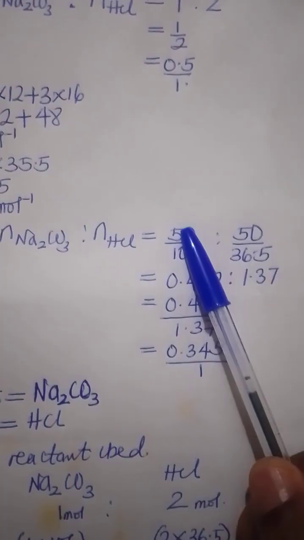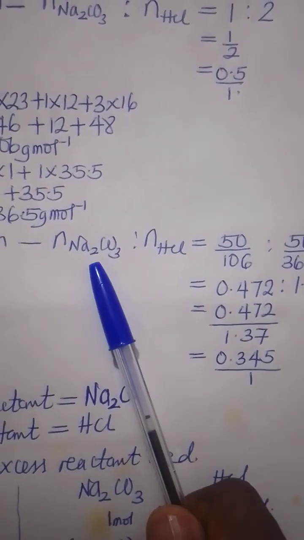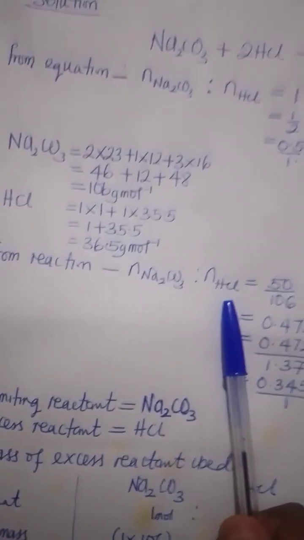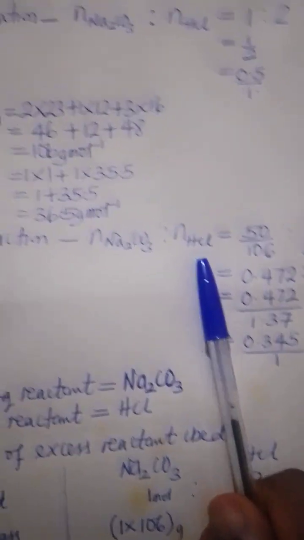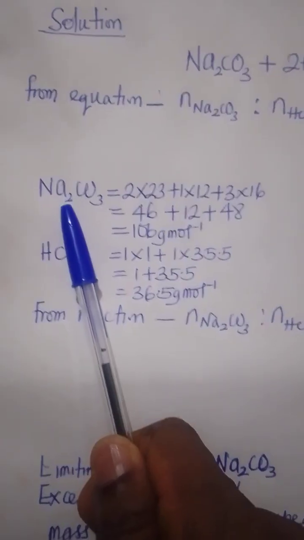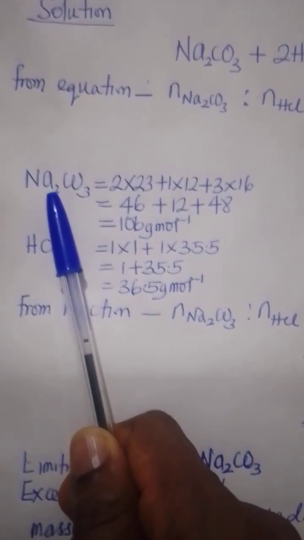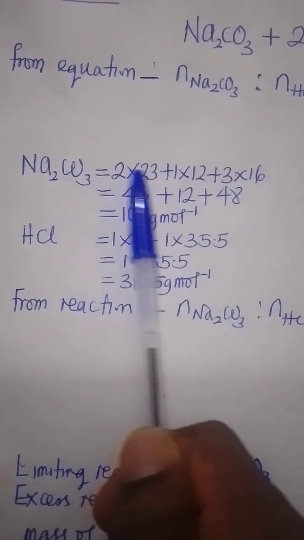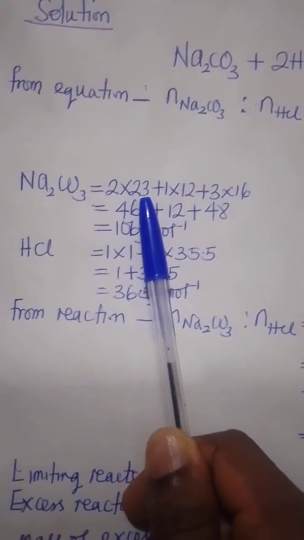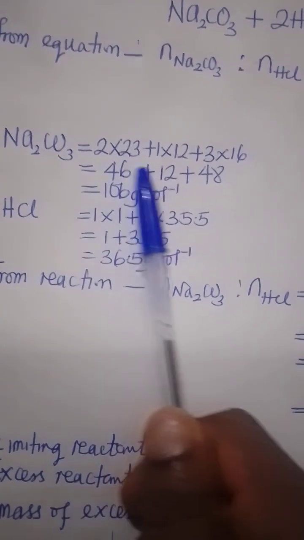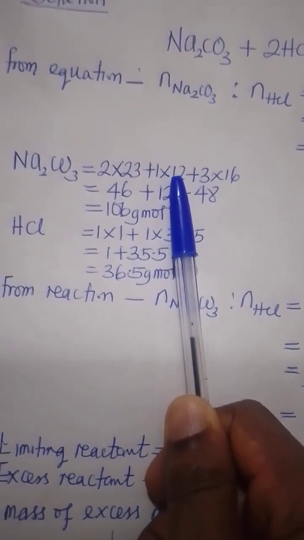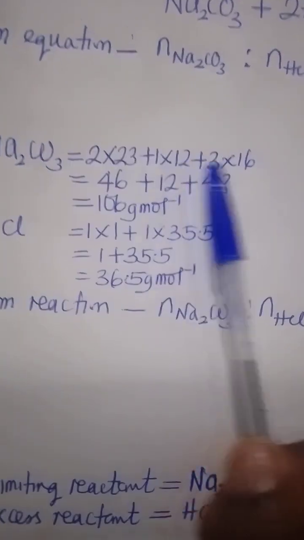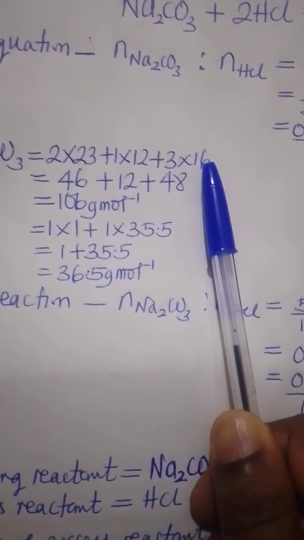So we're given 50 for sodium trioxocarbonate 4 and 50 for HCl. So we need the molar mass of sodium trioxocarbonate 4. Using the atomic masses, we have 2 atoms of sodium, that's 2 times 23, which is the atomic mass for sodium, 1 atom of carbon, 1 times 12, which is the atomic mass for carbon, and then oxygen, we have 3 atoms here, 3 times 16, the atomic mass for oxygen.